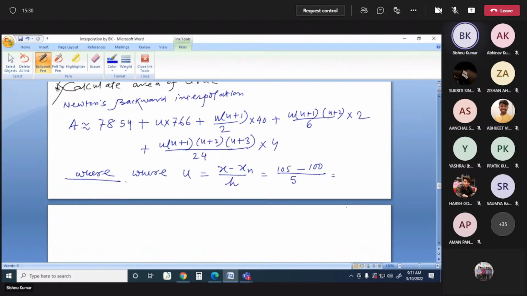So that is 5 by 5, which is 1. So u is 1 here. In this expression you have to put u equals 1. So what will this be? u plus 1, u plus 2, everything you can calculate: 1, 2, 3 by 6, like that. So your calculation will be so easy. You put that u equals 1 and calculate.